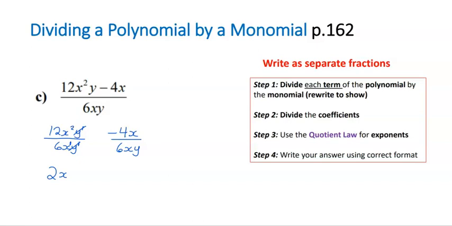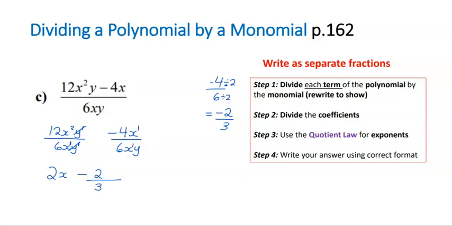So what we can do is reduce that fraction by dividing them both by 2. So this ends up being a negative 2 over 3. So we're going to write that, negative 2 over 3, and then we'll see about our exponents now.